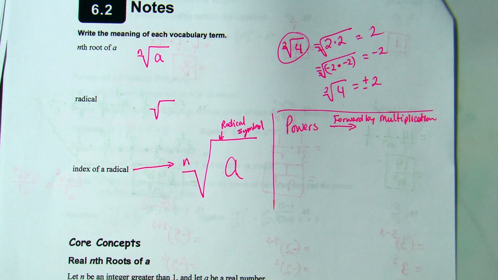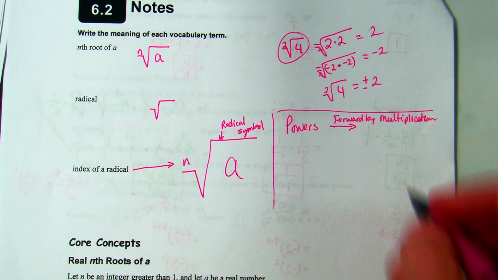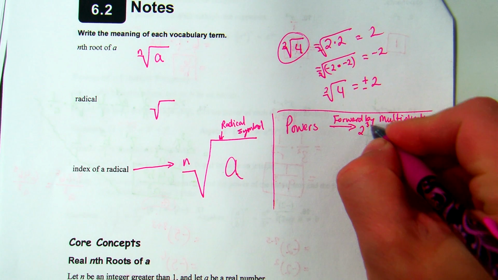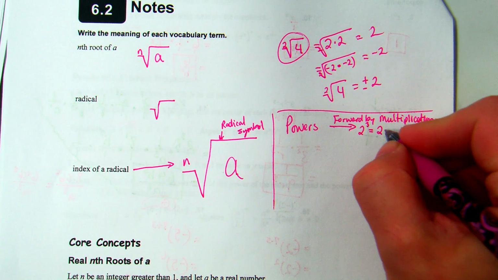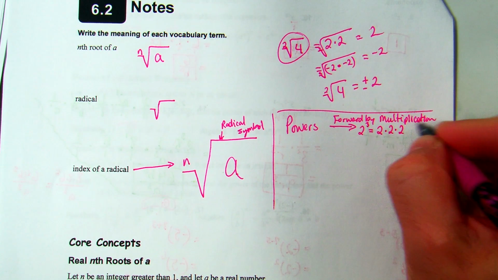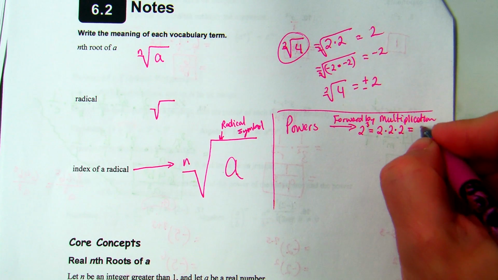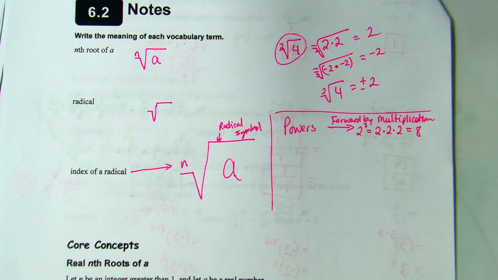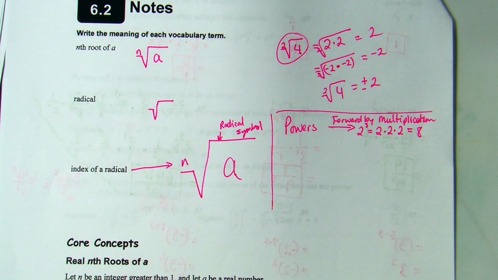Okay, they're moving forward by multiplication. Let's say we have 2 cubed. Well, that's the same thing as 2 times 2 times 2, which we know to be 8. So powers are expanding or increasing it by multiplication, taking the actual base value of 2, multiplying times itself 3 times. That's what powers do.